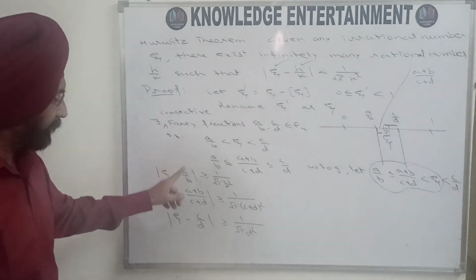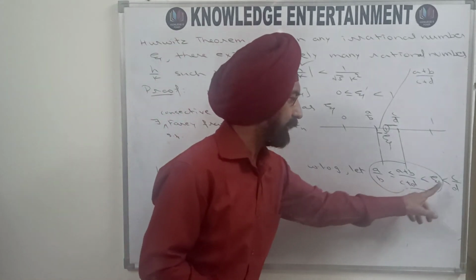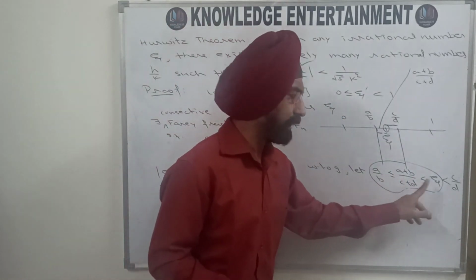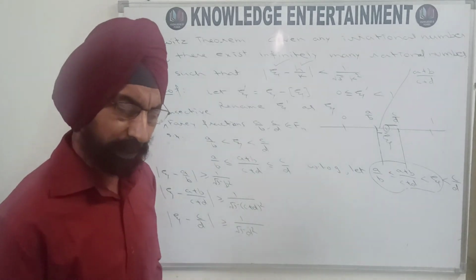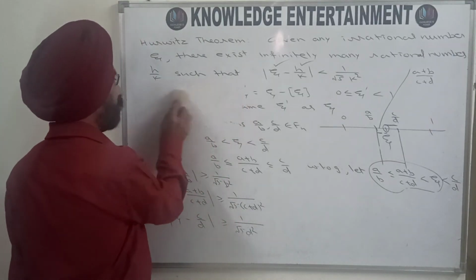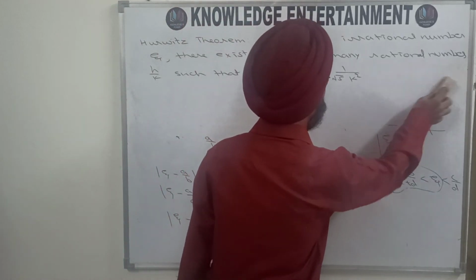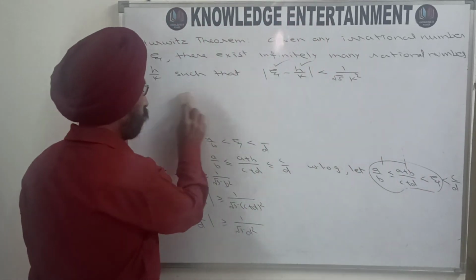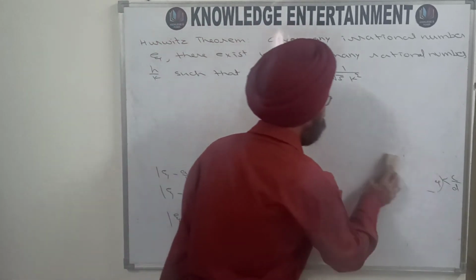We have supposed that the inequality is not true for these three numbers, and we will arrive at some contradiction. Let us see how the procedure will go on. So let us start now.